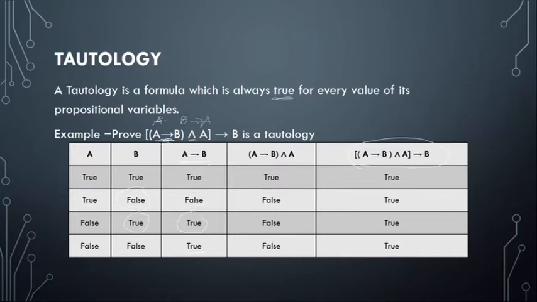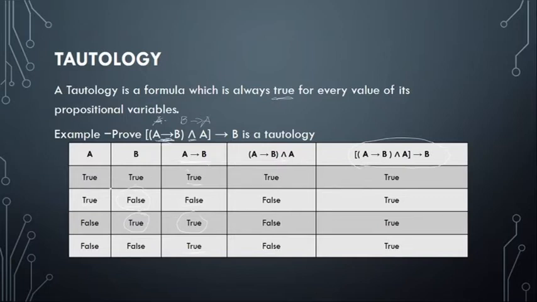Then the next proposition, if A then B and A. Since we got the return value of if A then B, now let's get the return value of this proposition.